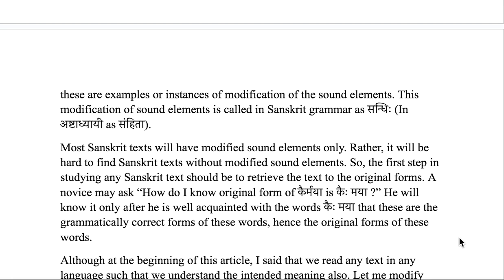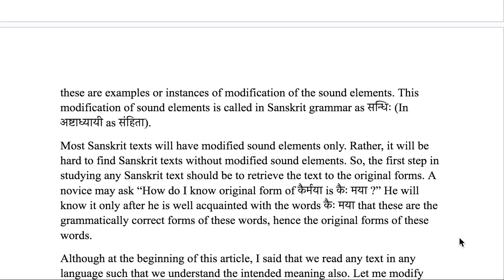So, the first step in studying any Sanskrit text should be to retrieve the text to the original forms. A novice may ask, how do I know the original form of Kairmaya is Kaihimaya? He will know it only after he is well acquainted with the words Kaihi and Maya, that these are the grammatically correct forms of these words, hence the original forms.